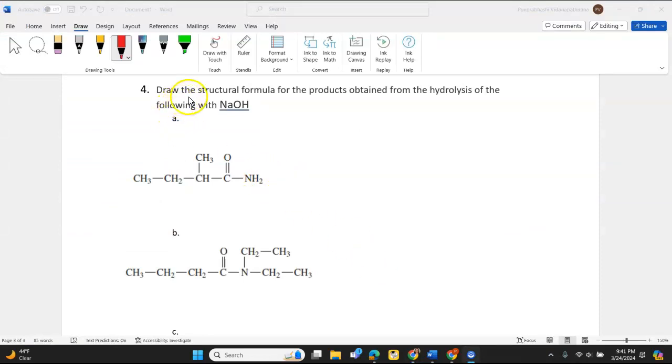Now the fourth question is draw the structural formulas for the products obtained from the hydrolysis of the following compounds with sodium hydroxide. Now this is a base hydrolysis.